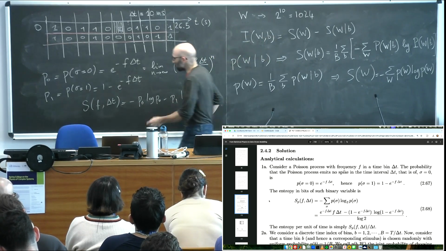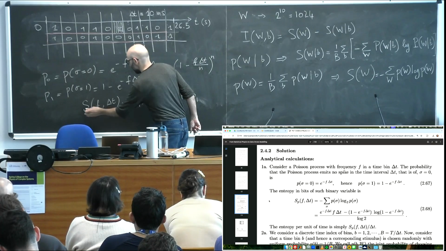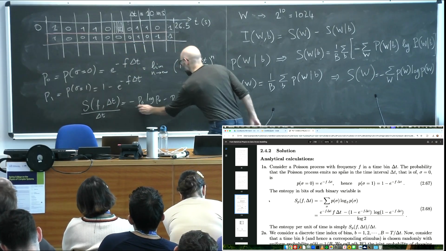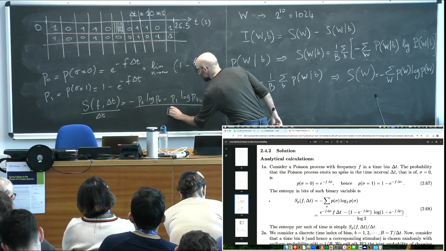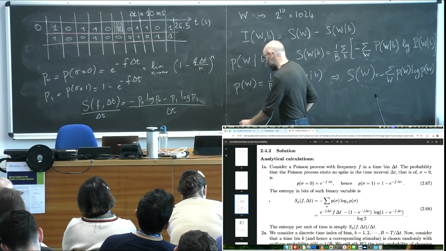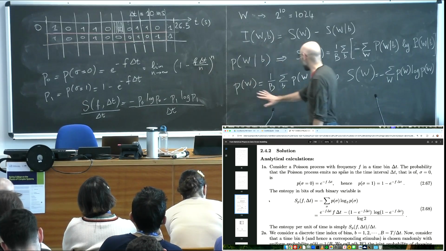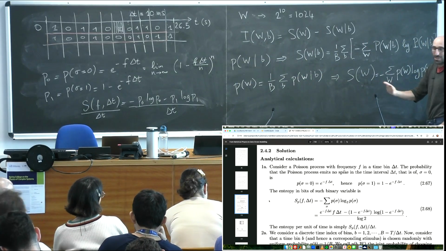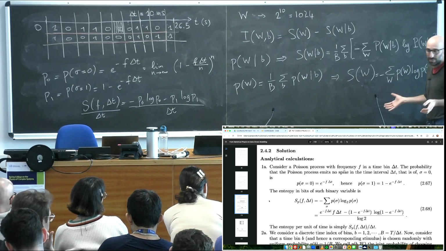And if you want the entropy per unit time, you are going to divide this by delta t. Okay, so this will serve as a reference. This is the variability, if you want, that you would observe here if the neuron was firing at random, right?